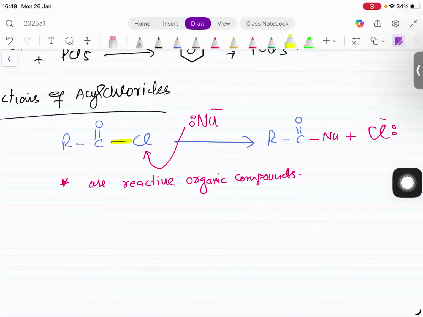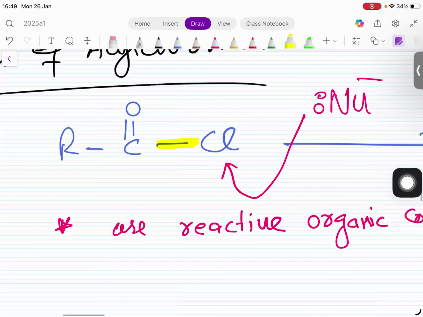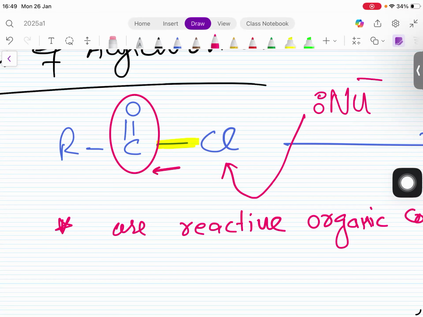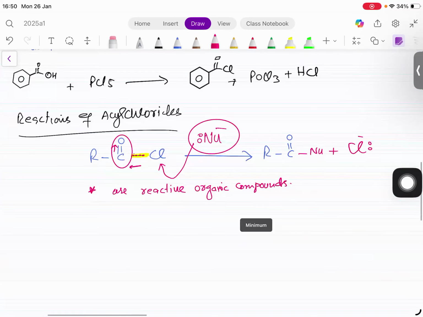Please pay attention. In this case, this C=O, oxygen has a very high electronegativity. So this C=O actually pulls the electron density towards itself, making this C-Cl bond weaker. So that's why in the acyl chloride, this C-Cl bond breaks when the nucleophile comes and takes the place of Cl.